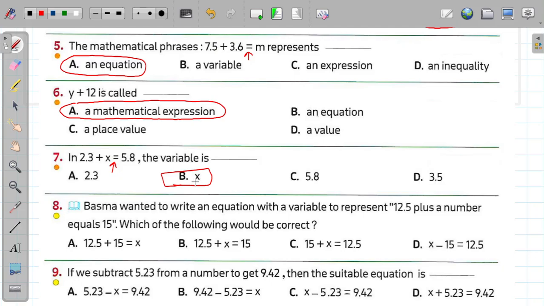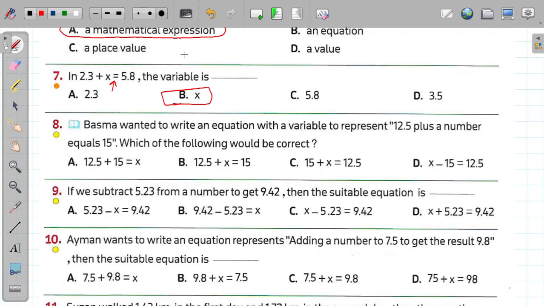Okay. Next, Basma wanted to write an equation with a variable to represent 12.5 plus a number equals 15. Which of the following would be correct? Listen carefully. He says, or she says, 12.5 plus a number.